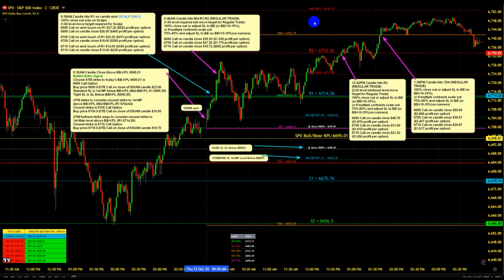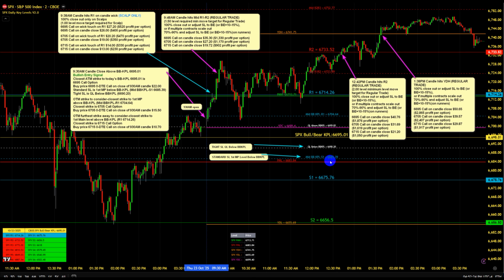The other midpoint levels are optional to turn on, as you can see. So we have some of them turned on because of the way the session turned out today in a bullish fashion, as opposed to having them on down here, which we would if the session was instead bearish. So those are optional to turn on.